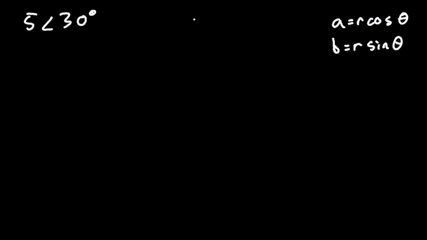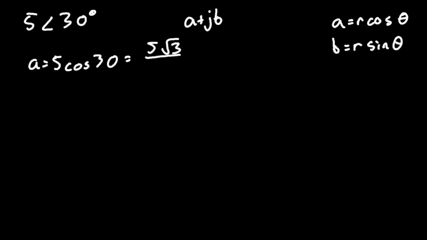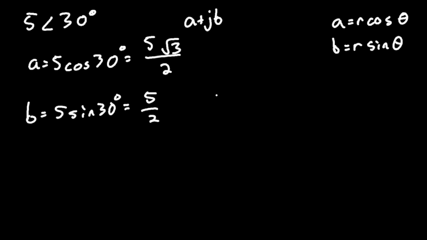A is equal to, so the format is a plus jb, 5 times the cosine of 30, which is simply equal to 5 times the square root of 3 over 2. And b is equal to 5 times the sine of 30 degrees, by the way, which is just 5 over 2. So maybe I should evaluate these with my calculator.